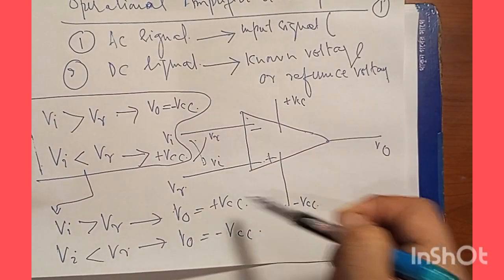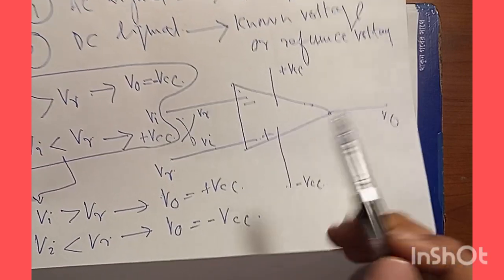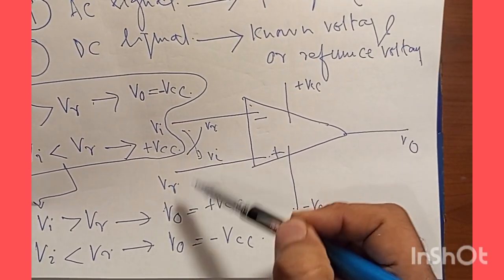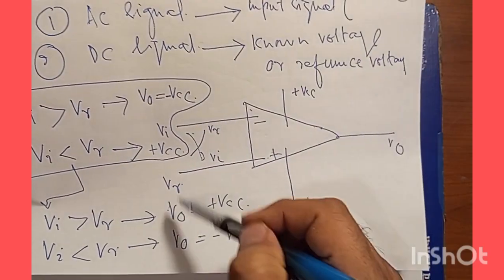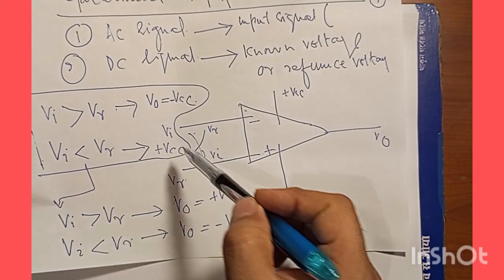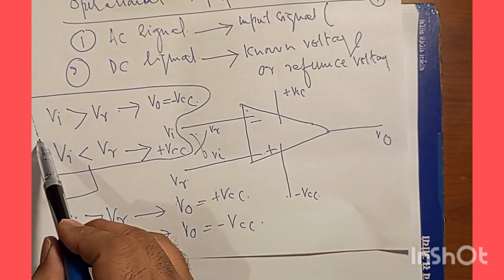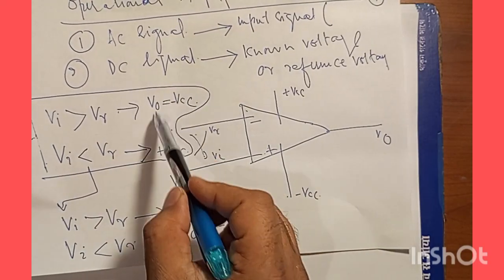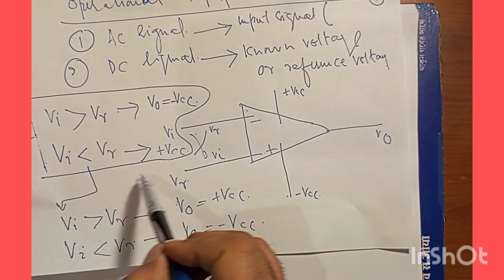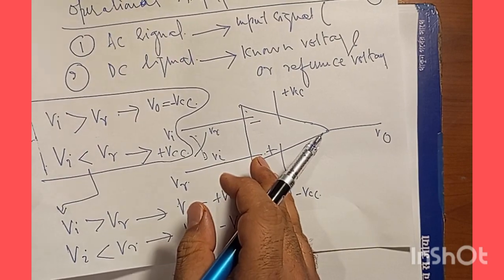For that, we talked about the two conditions where we just interchange the positions of input and reference voltage, and we saw under what conditions we will have negative VCC, and under which conditions we will have positive VCC.